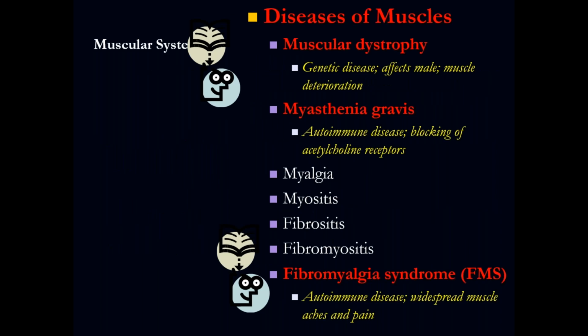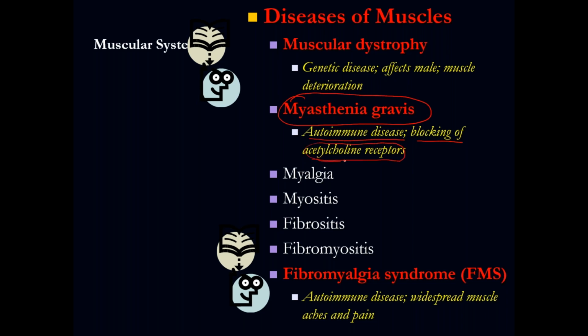Okay, so here we need to mention a very important name, because you will see it a lot in your next courses. It is Myasthenia Gravis. Myasthenia Gravis is an autoimmune disease that is going to block the acetylcholine receptors.